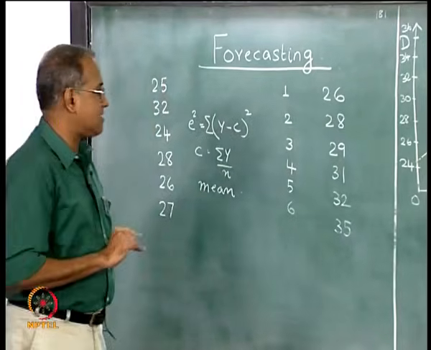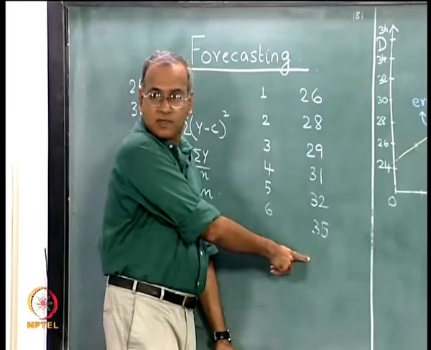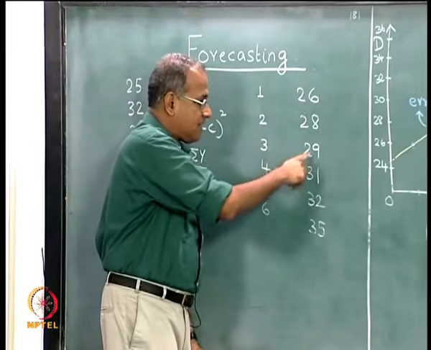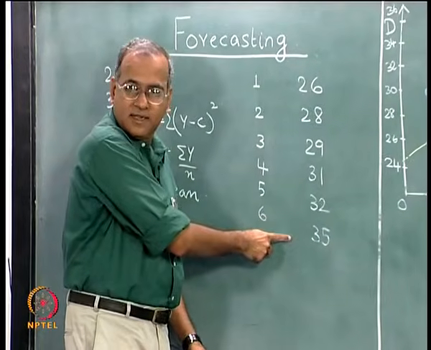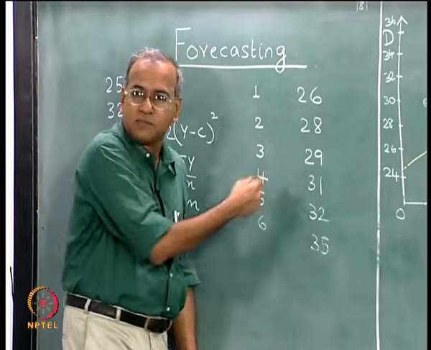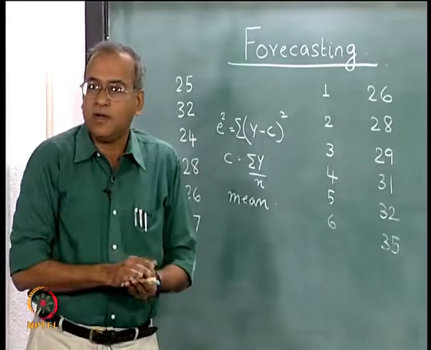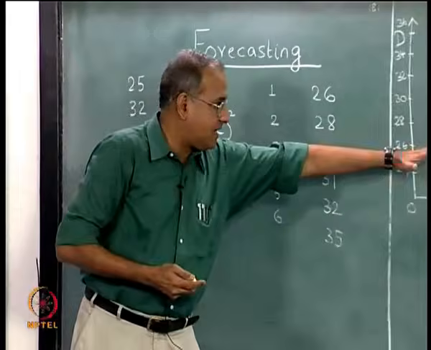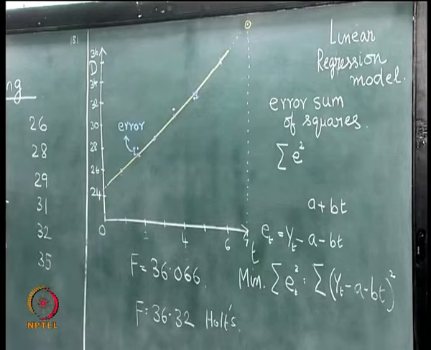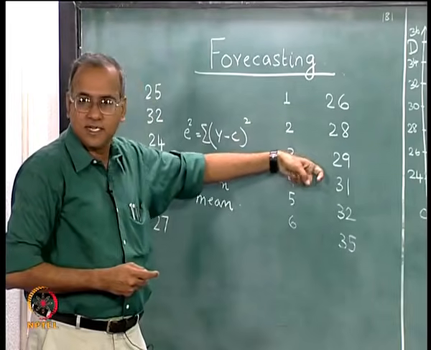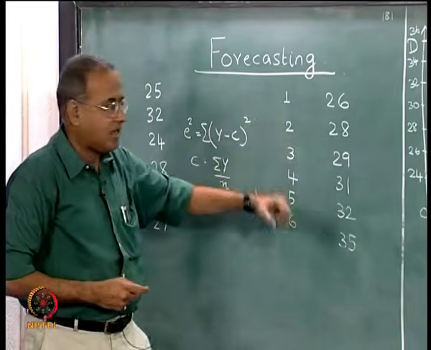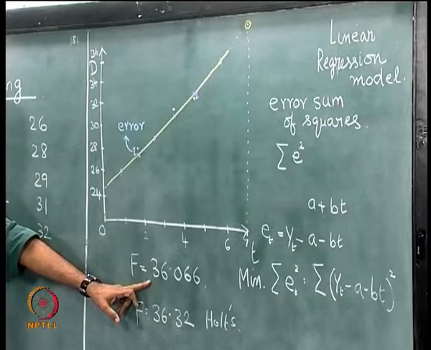One of the reasons is, if we look at this data, the value keeps increasing, but if we look at the last few numbers, the increase is slightly higher than what it was before. So, when we fitted the line, we gave equal importance to all these points, and therefore, the smaller increase essentially pulled it back a little bit, and we got 36.066.